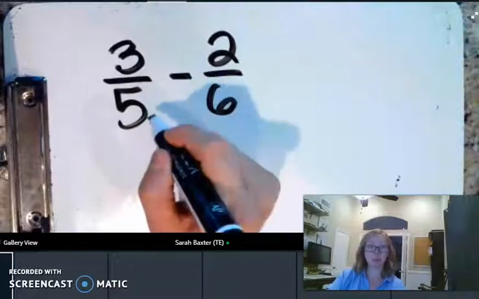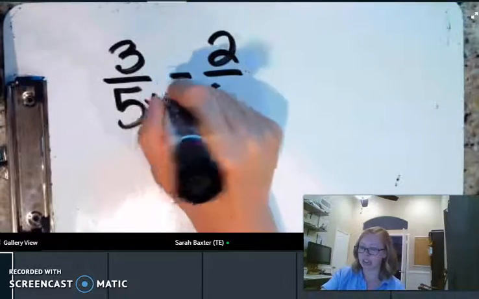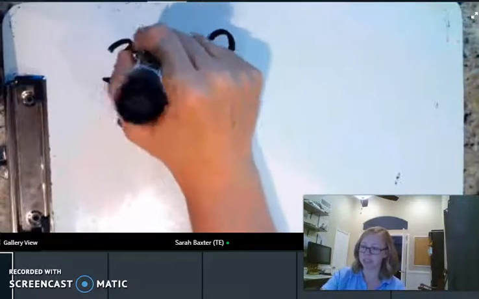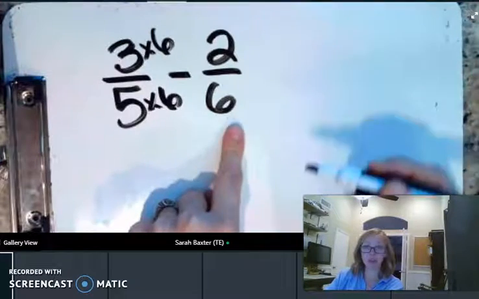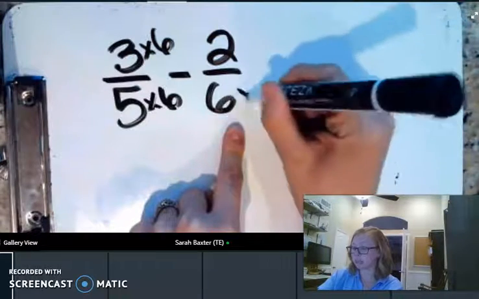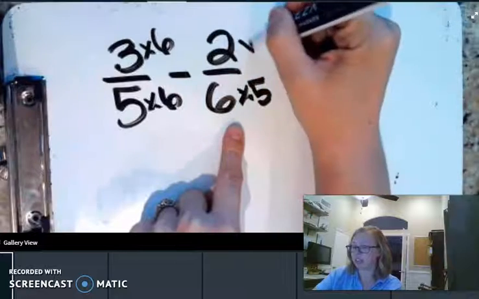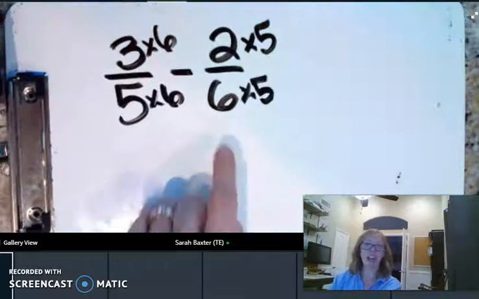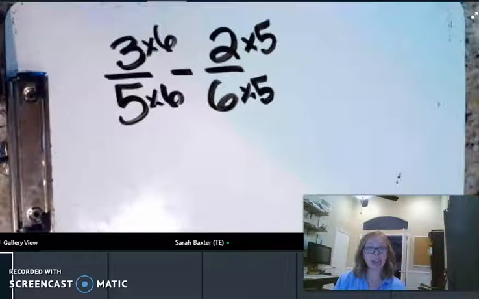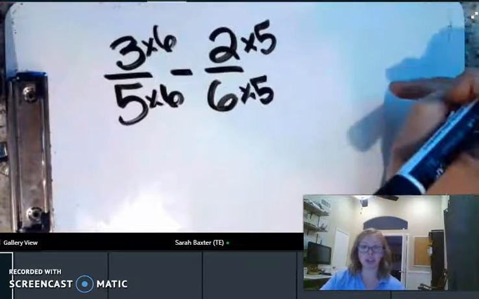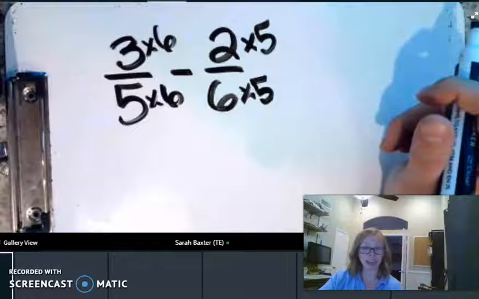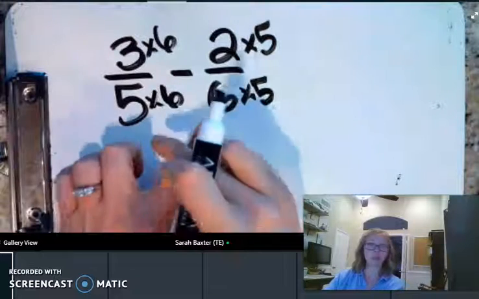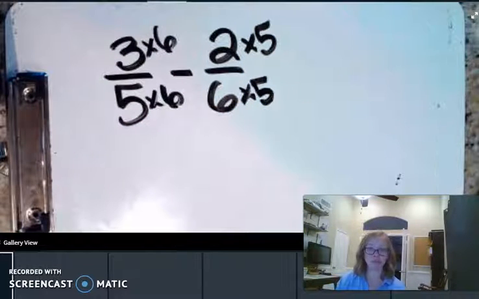So if I multiply 3 and 5 times 6, 5 times 6, 3 times 6, then I multiply my other fraction times this denominator, 6 times 5, 2 times 5. That is one quick way to make your equivalent fractions. If you're not sure how to write out those multiples, or maybe they're big numbers and you're not sure how to count by those numbers, try multiplying them together.